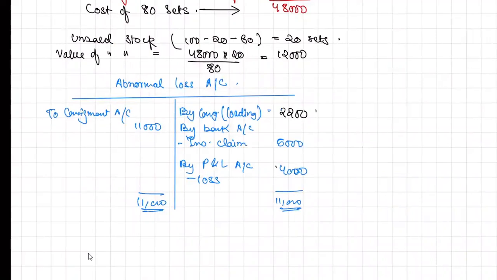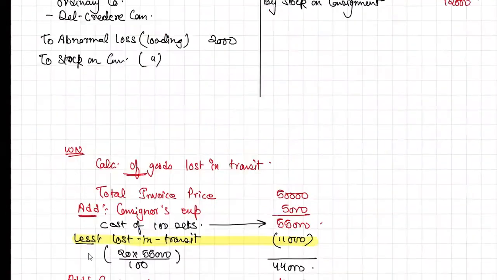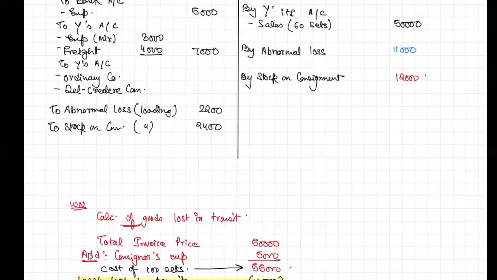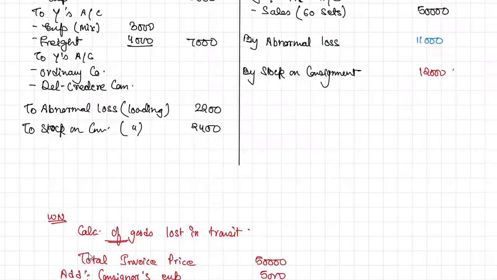So this loss will be 3,800. Okay. Correct it if you have done something. This will be 2,200. And this will be 2,400. Okay. Because 25% is the loading. So said loading is 25%.